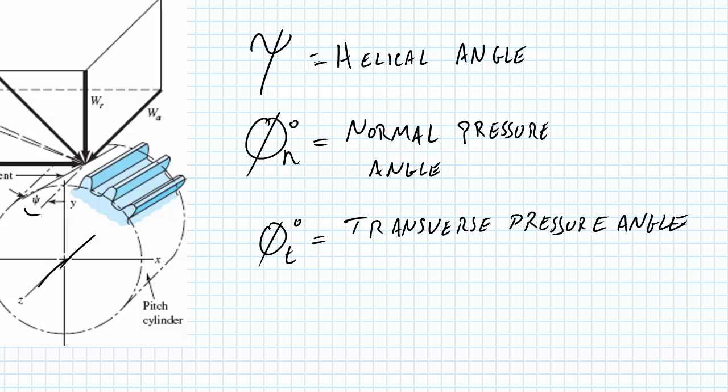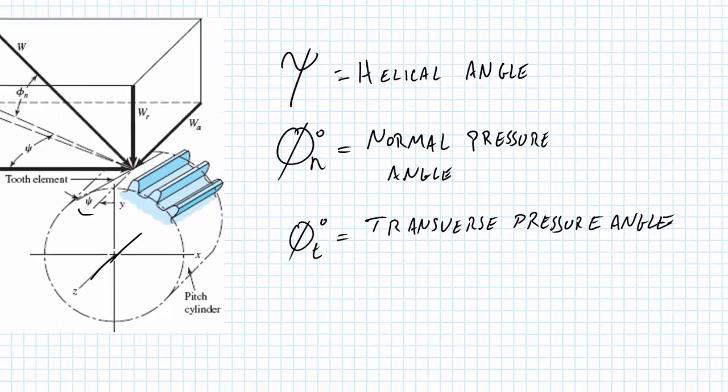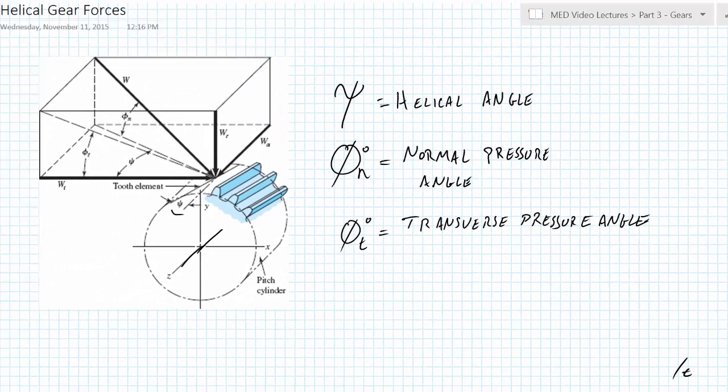Depending on whether we're talking about going around and counting the number of teeth that we can physically count, we're going to have N number of teeth, or if we're talking about how effective this is, we may have an effective number of teeth.